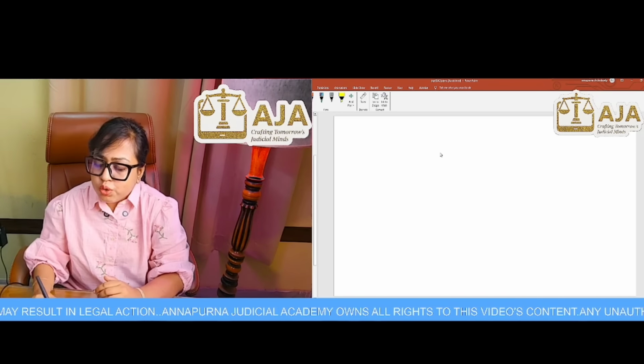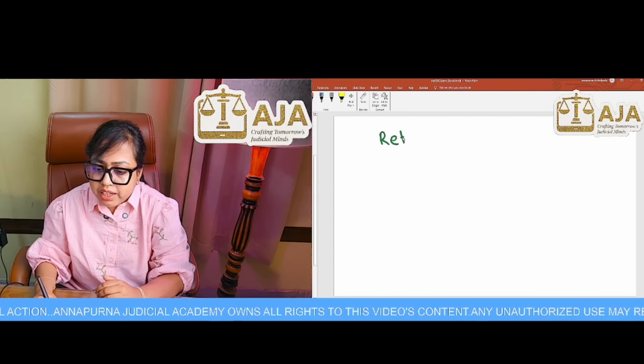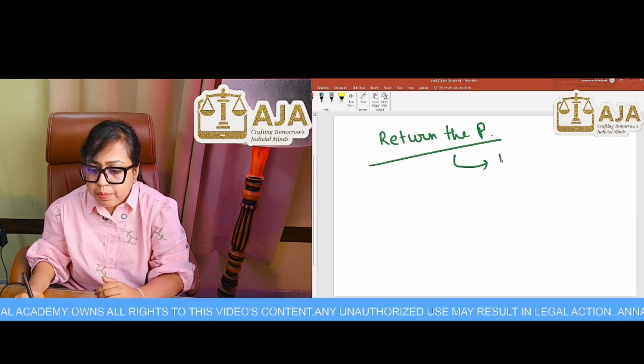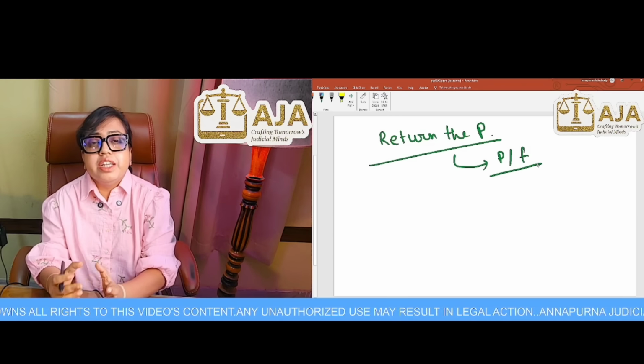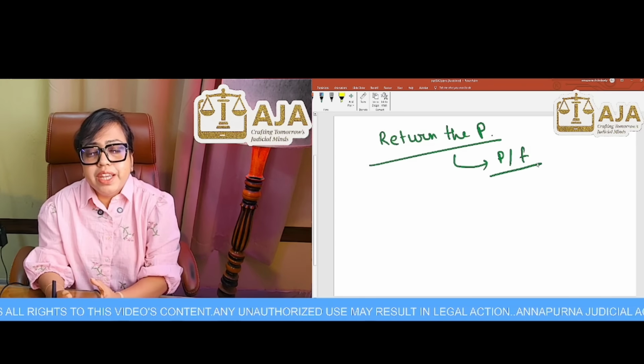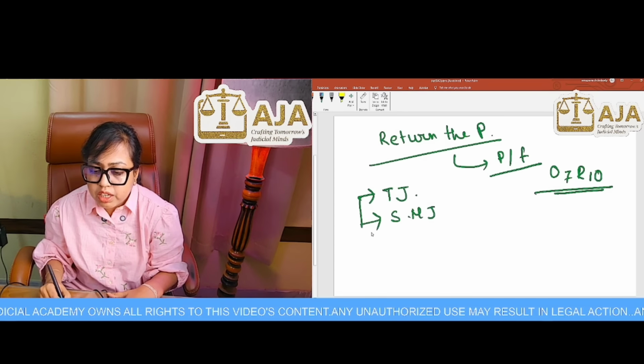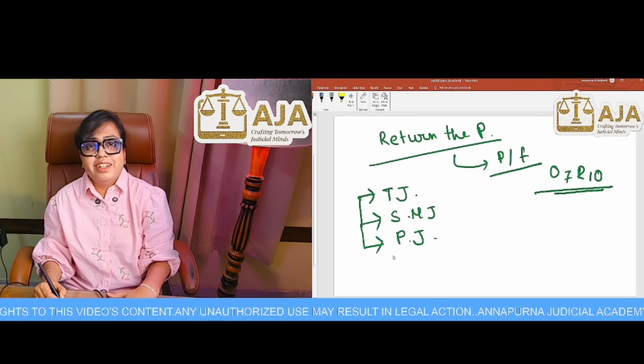Now the court will return the plaint to the plaintiff under Order 7, Rule 10, due to lack of jurisdiction. This can be lack of territorial jurisdiction, lack of subject matter jurisdiction, or lack of pecuniary jurisdiction.